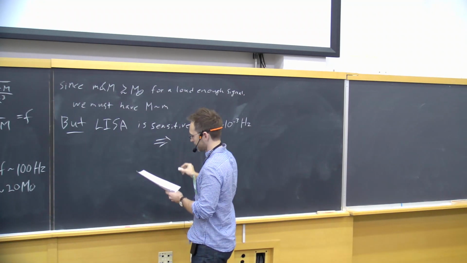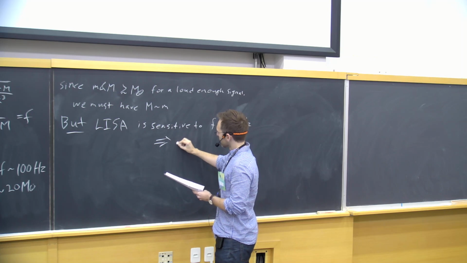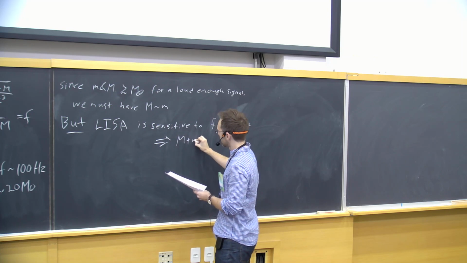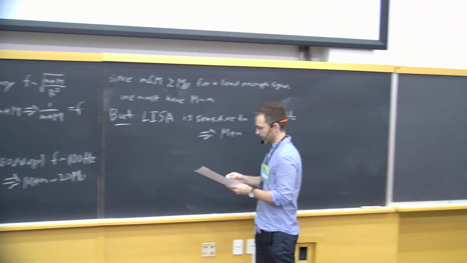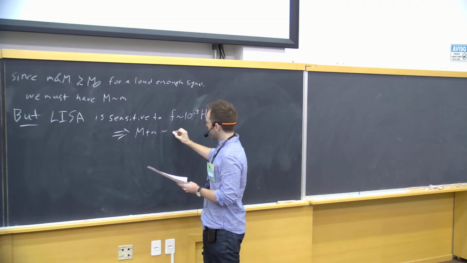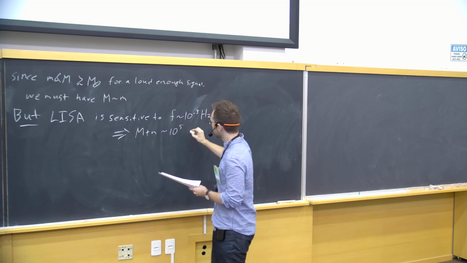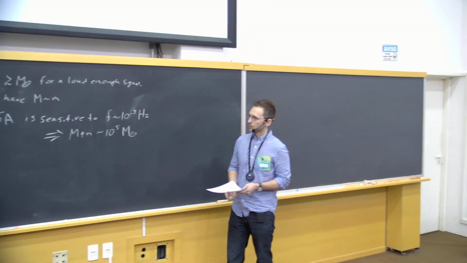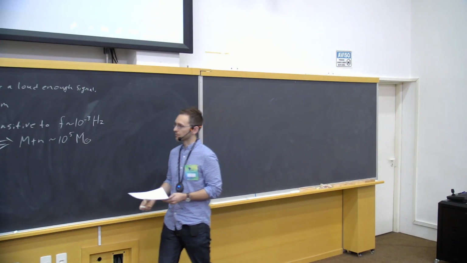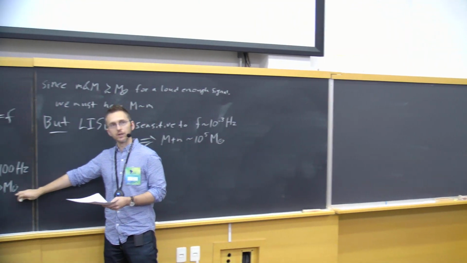So for that, the total mass, again using this formula, is going to be about 10 to the 5 solar masses. So much, much more massive systems than what LIGO can detect.